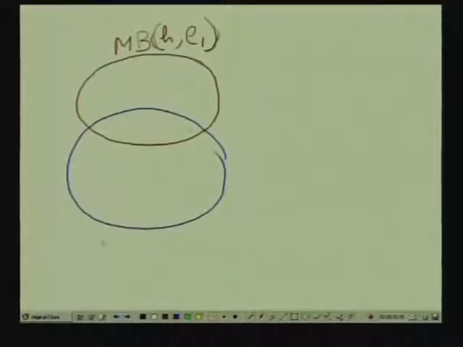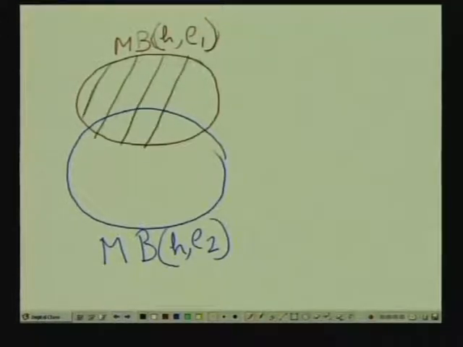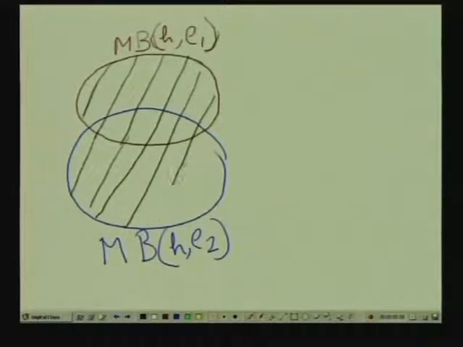This is my measure of belief in H given E2. Now, what is my total belief given E1 and E2? That would be this space. Now, what is this space?